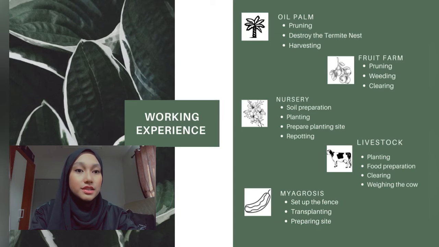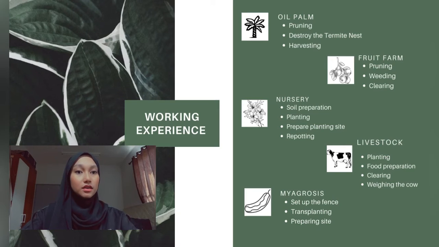The harvested oil palm will be picked up using a loading stick to collect in one place. The labor cost in oil palm for 8 workers is 115 ringgit and 40 cents.